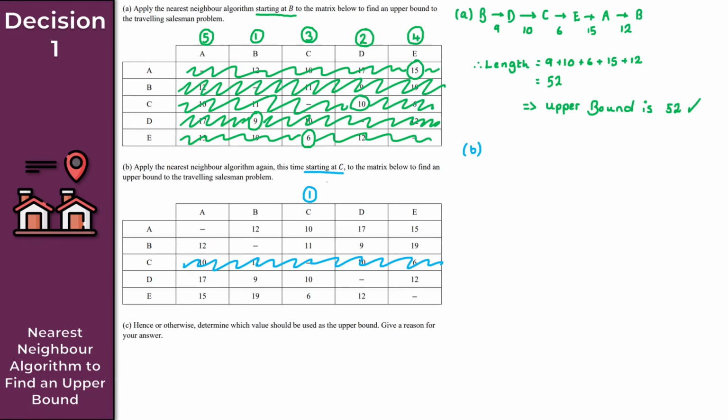Now looking down column C here, we want to choose the smallest possible value, right? And in this case, that gives us 6. So we circle 6. So what I've done here is gone from C to E, right? So I put a 2 above E, like so. And we also delete the corresponding row.